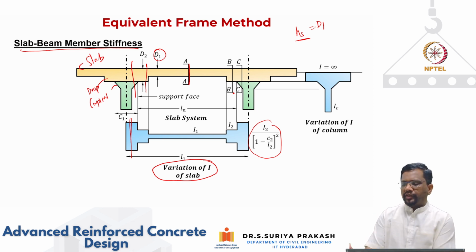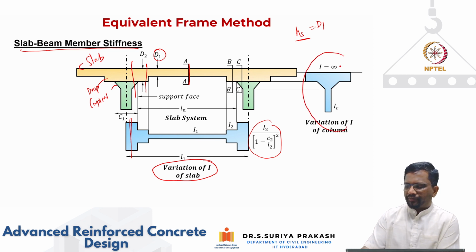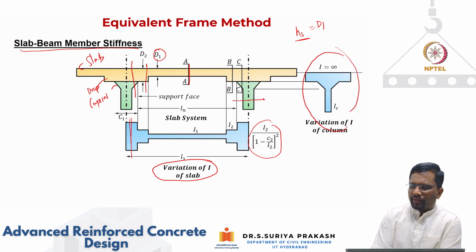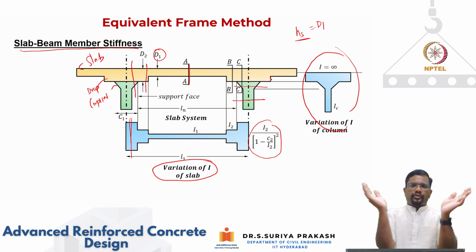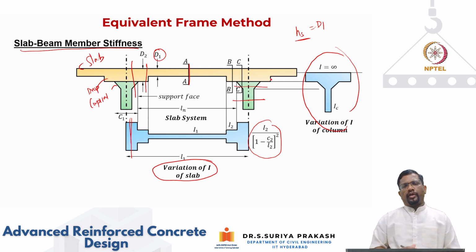Similarly, when you look at the variations of the column also, if I take this location, and let's say I have a square column, it is going to have a dimension of C1 by C2. So we can calculate the moment of inertia. But if I'm taking a section at this point, now you see the column capital is also part of the column.